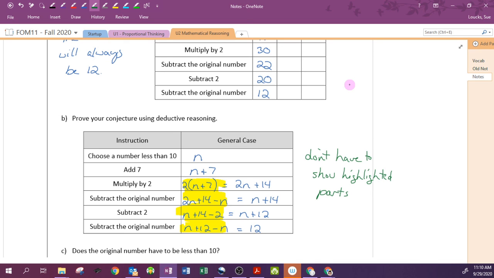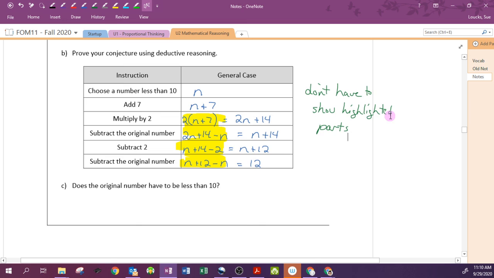Instead of trying to do the subtractions and the multiplications in my head, sometimes it's helpful to actually write down what you're doing and then you do it, right? But you have to show the rest of it because you have to show those steps. And I can see now that no matter what number I start with, I end up with 12. It doesn't matter what n is, I end up with 12. So I've proven it using deductive reasoning.